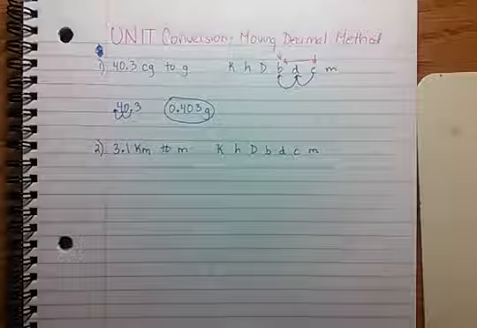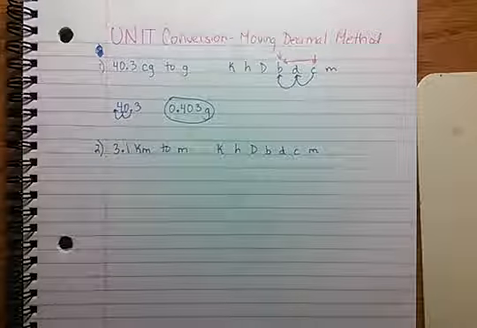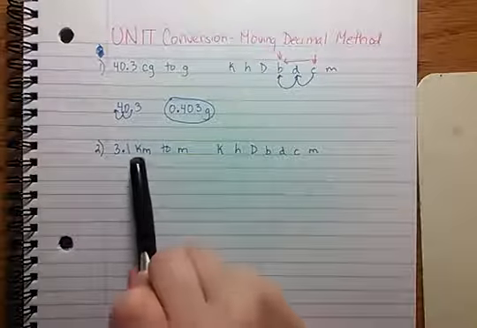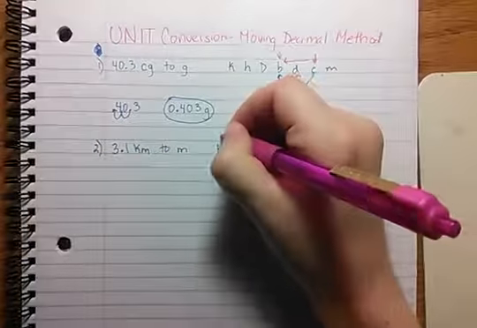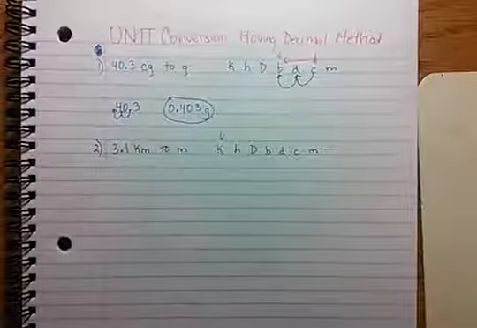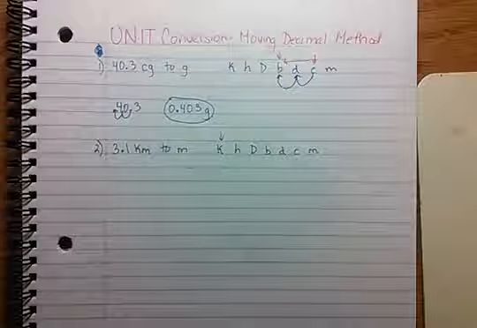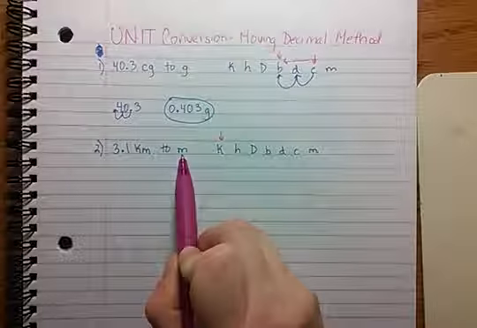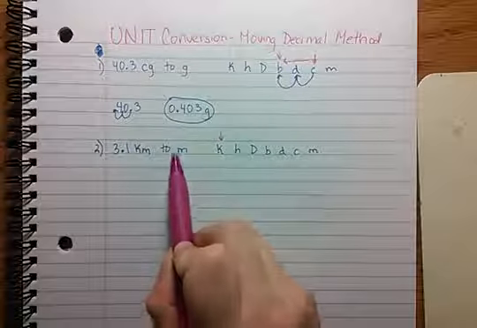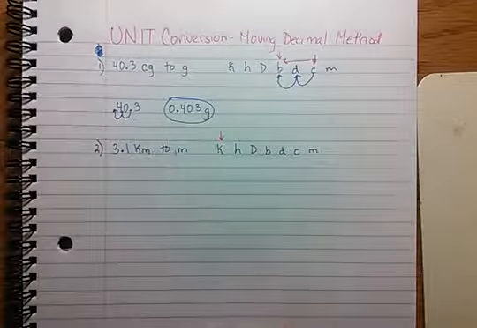So in this one, we're going from where to where? Well, we start out at K. And where are we going to? Well, we're going to base unit again. The meter is a base unit. We know that because there's no other letter here. There's no prefix.